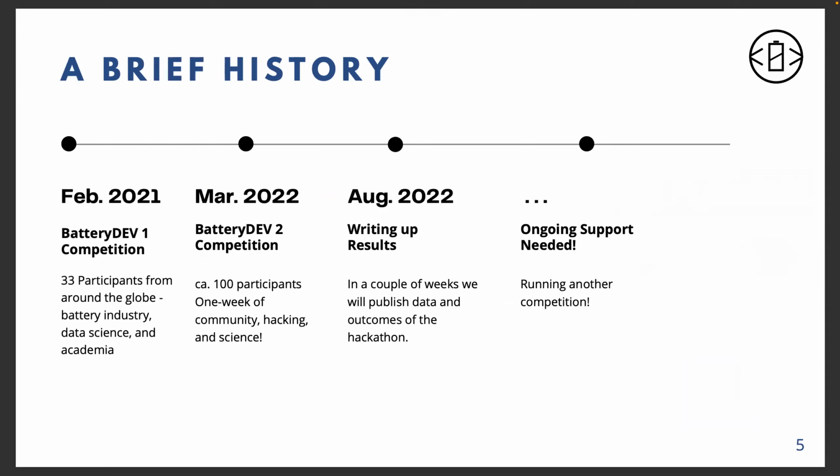This was really amazing. And right now we are in the process of writing up results, and hopefully in a couple of weeks, we'll be able to share some really nice data and some approaches that were applied on this data. And also there's ongoing support needed. BatteryDev is entirely volunteer driven, so if anyone wants to get involved, feel free to reach out to me or to the BatteryDev team.